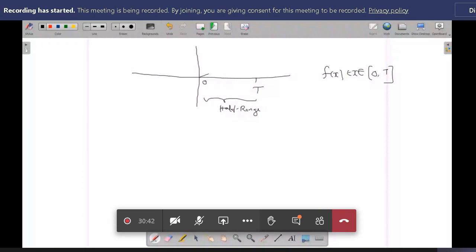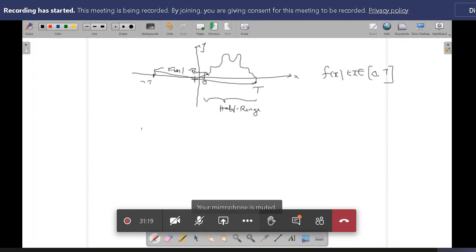It can be piecewise or it can be a continuous function. So anything it can be in the range 0 to t. Now I wish to extend this in the full range. So that means in the full range, minus t to plus t is the full range. This is full range series.